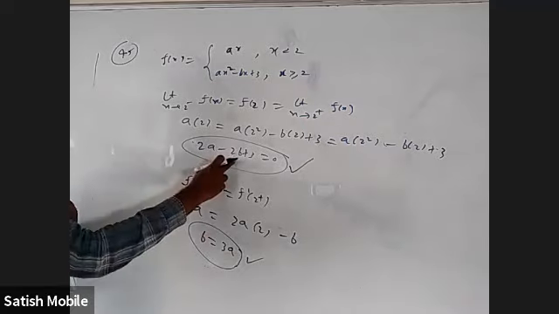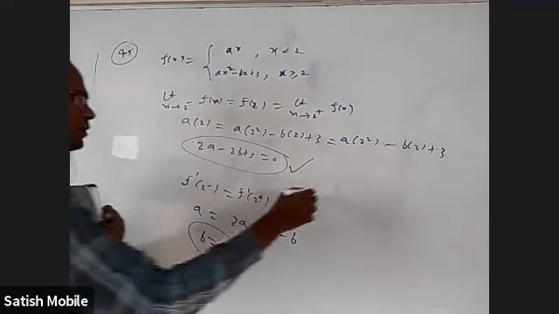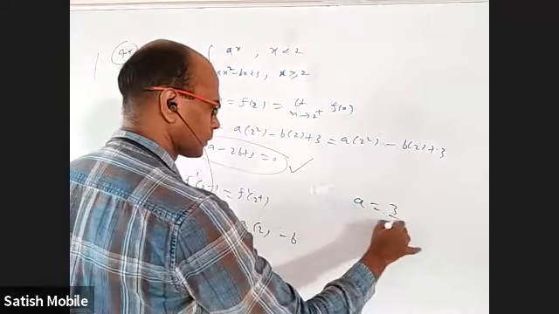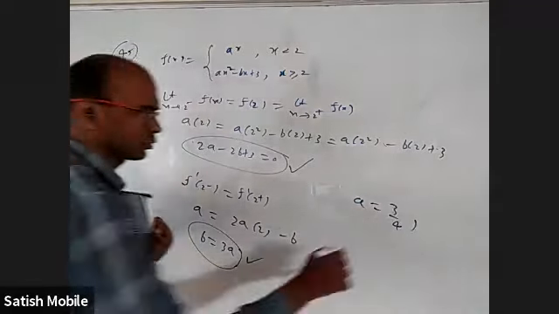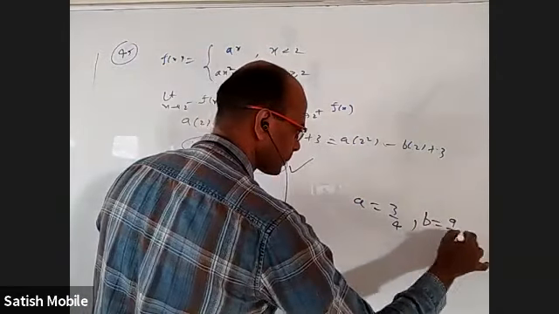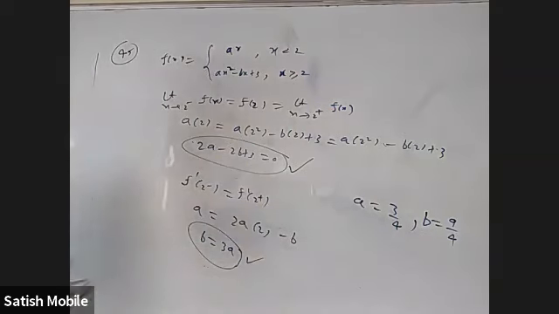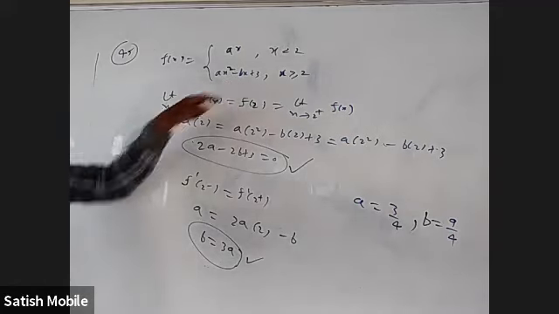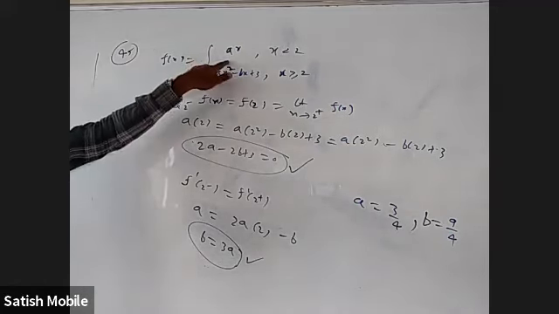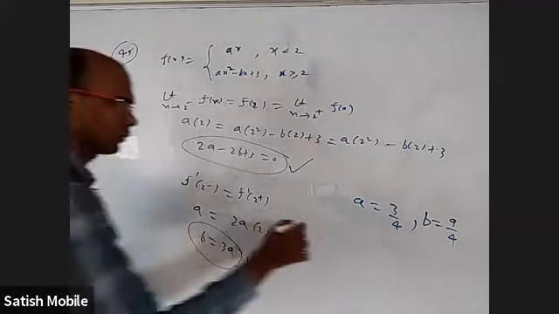When you put 3a, you'll get minus 6a plus 4a, so a is 3 by 4, b is 9 by 4. So once we got a and b values, now they want f dash 3. If you want f dash 3, you have to differentiate this and put 3. If they want f dash minus 3, you have to differentiate this and put minus 3.